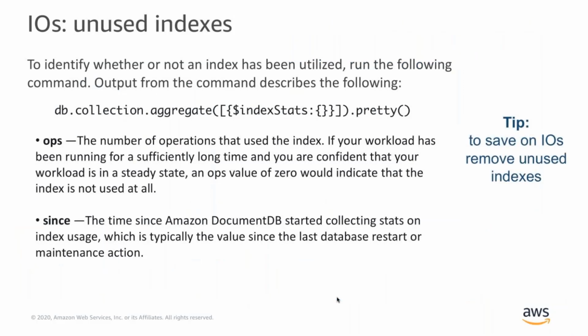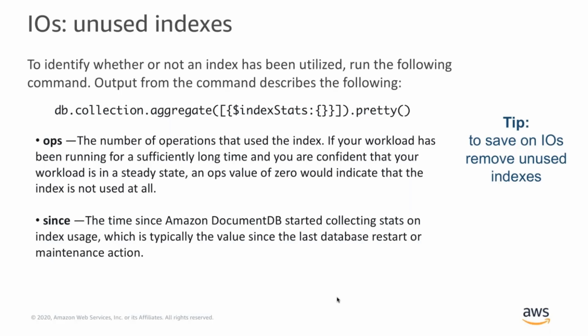So when that happens, what we usually ask folks to do is take a look at your unused indexes. In this case, there's an aggregation stage called index stats that will tell you, for your indexes, how many operations have occurred on that index and since when, the last time the instance was rebooted. If you have an index that's been around for a long time and has never been used, you probably want to remove that index unless you have a good anticipation that you're going to use it.